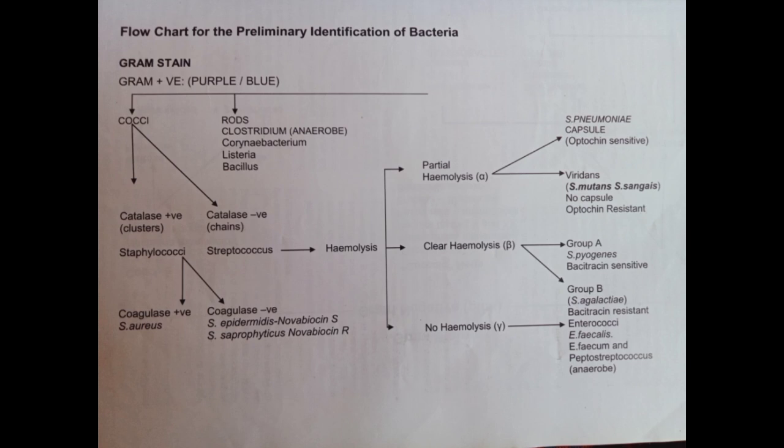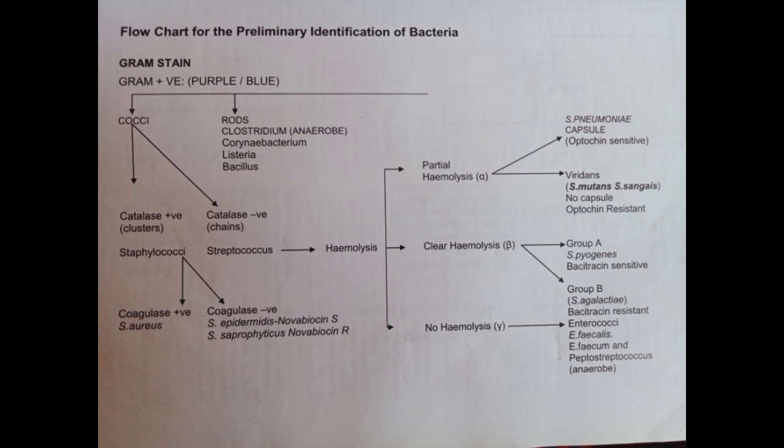First, the shape of these two bacteria: Staphylococci are in cluster form, while Streptococci are in chain form. The other difference between these two bacteria is that Staphylococci are catalase positive, while Streptococci are catalase negative.